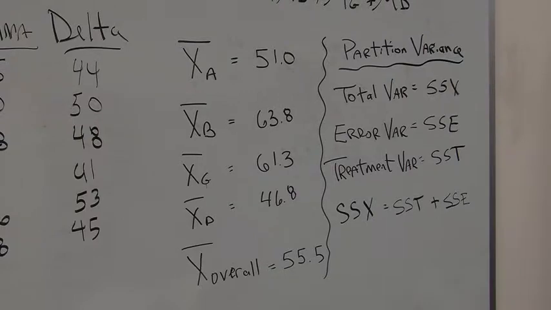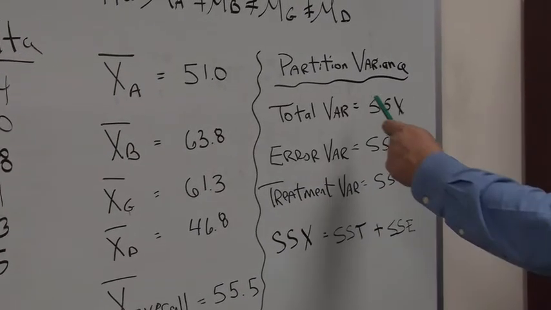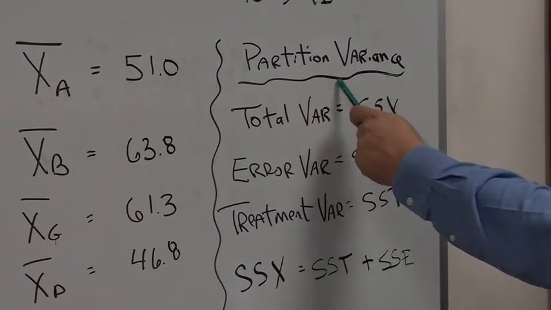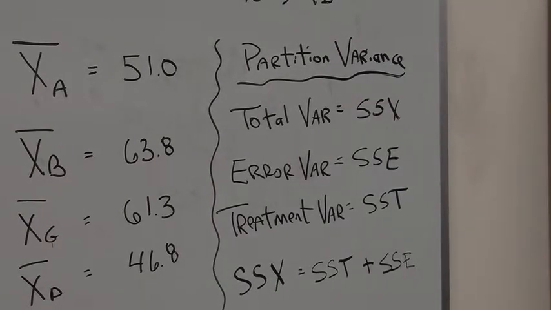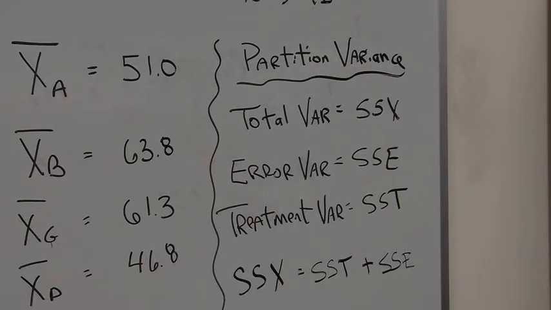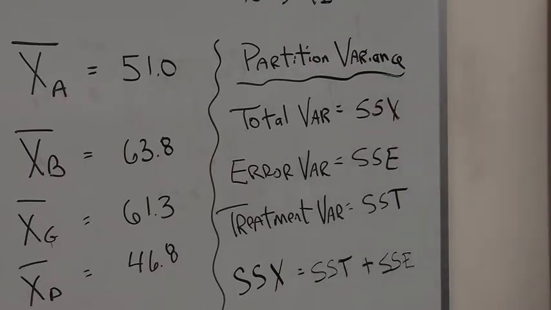Okay? Now, earlier in the semester I emphasized how important it was to calculate variance, and in ANOVA we come back and reopen this notion of working with variance. However, when we do ANOVA exercises, not only is our task to calculate variance, but it's also to what we call partition the variance.